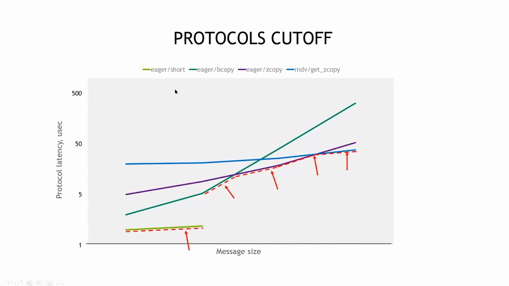So for this example, if we look at the tag API, we can have short, eager short, bcopy, and zcopy protocols, and also rendezvous. So in every interval, we find the lowest value, which is the best performance, lowest latency, and we select the protocol which goes with the lowest latency.